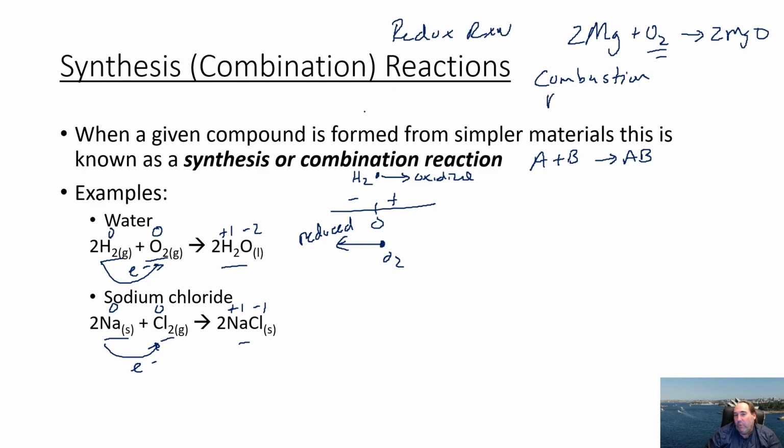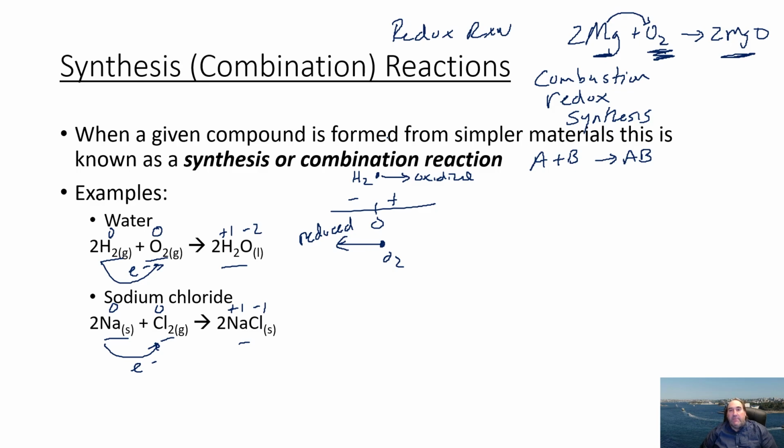That is definitely a redox reaction, as we talked about, electrons being transferred. And that's also two things make one thing, which means it could also be a synthesis or combination reaction. So this one reaction here, for example, depending on what you're looking at, you could classify three different ways: combustion, redox, or synthesis.